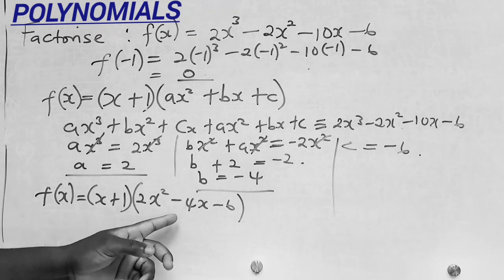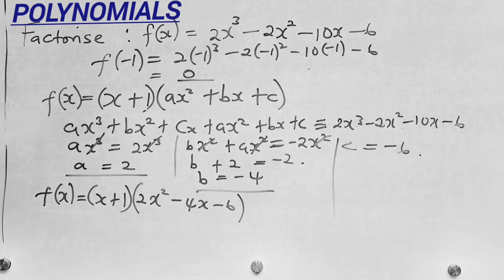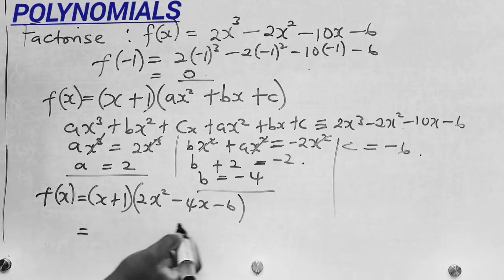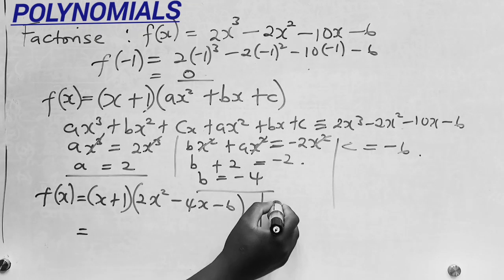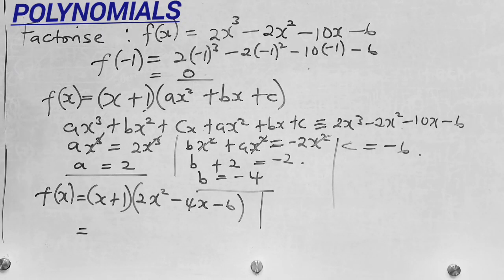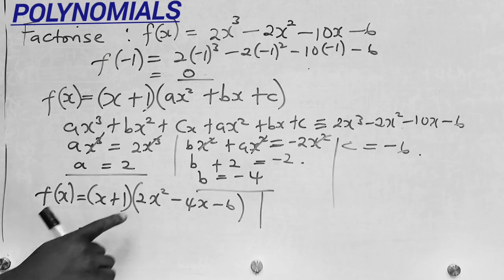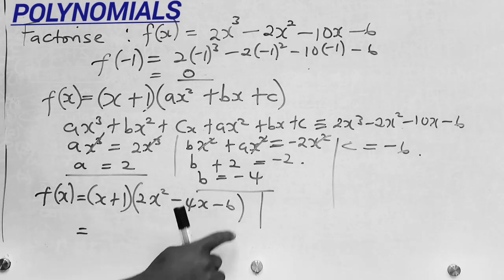But now we still want to factorize this trinomial. So let's factorize it here. 2x squared minus 4x minus 6. Seems as if we have a common factor here. 2 is common here, common there and there.